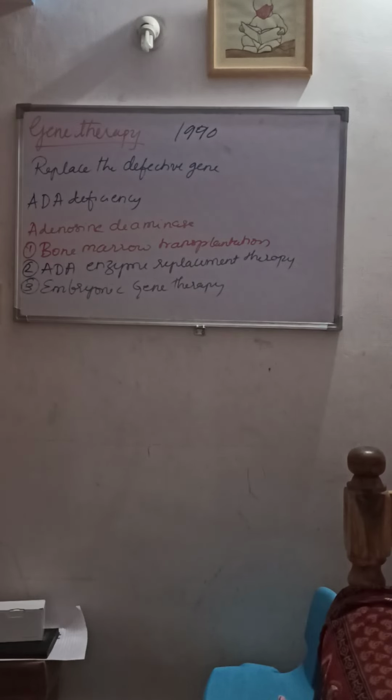That is, lymphocytes from the blood of the patient are grown in a culture medium outside the body. A functional ADA, adenosine deaminase, or complementary DNA, is introduced into these lymphocytes, which are subsequently returned to the patient.